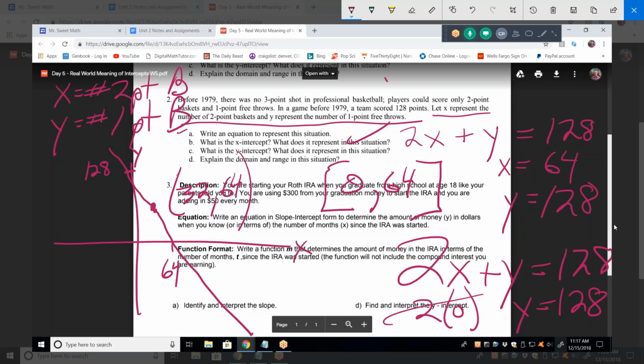I could also say x has to be greater than or equal to 0, and it has to be less than or equal to 64. There's no way you could score 65 two-point shots. The score would not have been 128. It would have been 130. So I can be at 64, but it can't be any bigger. So this is probably the way they want you to give your answer.